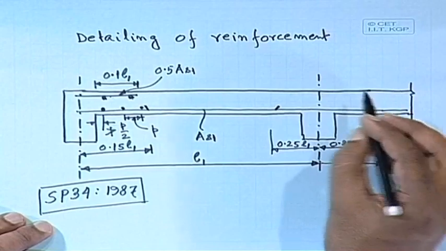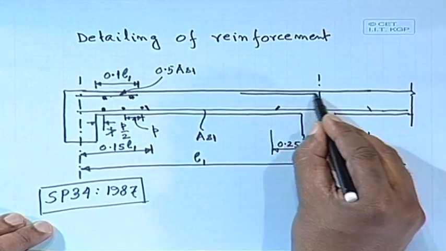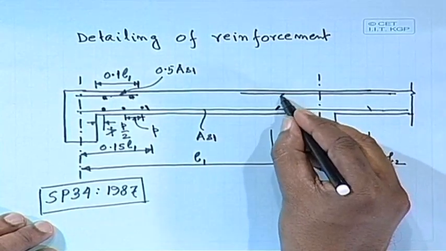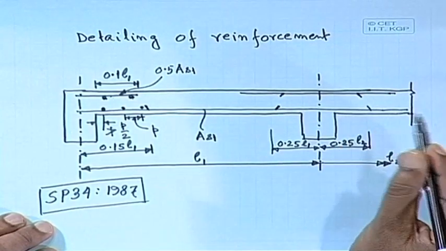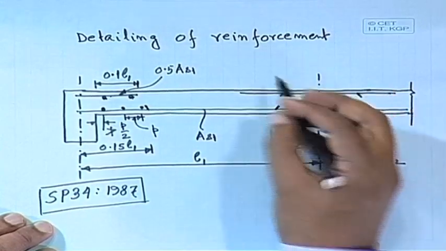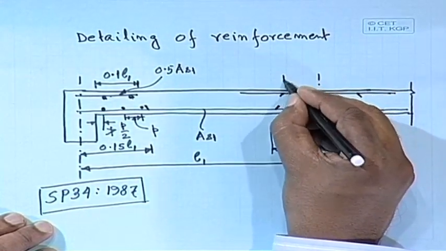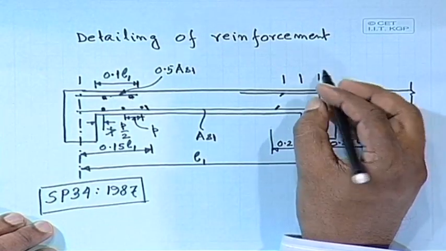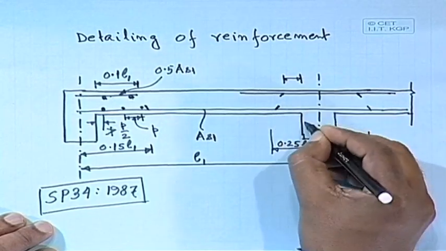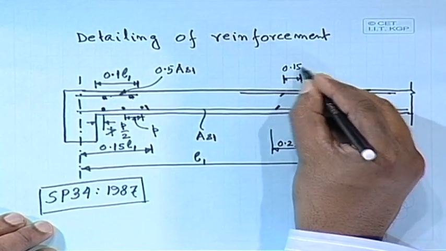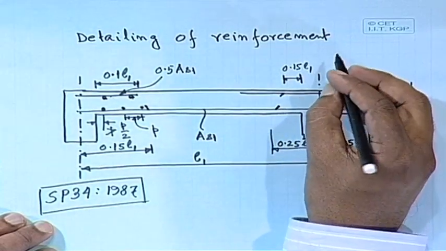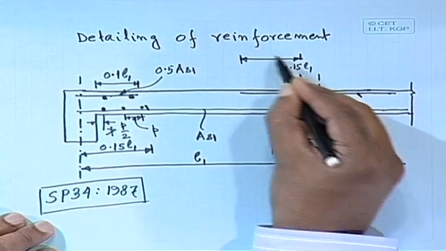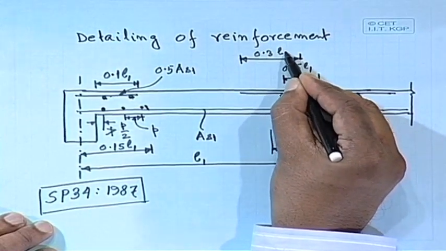What about the top reinforcement? Top reinforcement can also have 2 different lengths, that means we can curtail it here itself, because we are not going that much. So, one length we get from the end support is 0.15 L1, and the other one goes up to 0.3 L1.